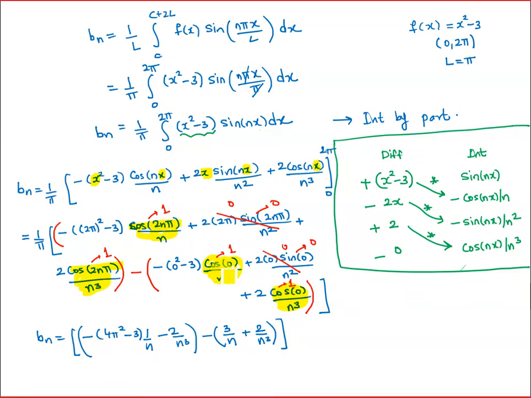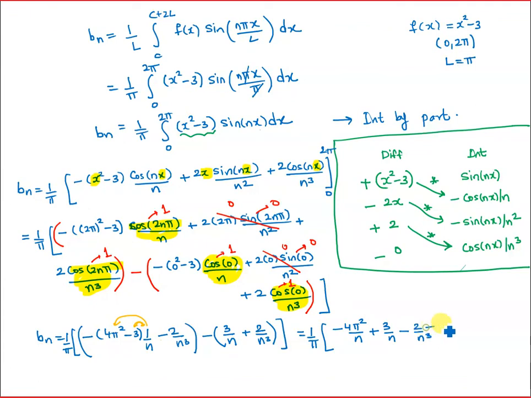We'll simplify it further. We can multiply 1 over n with both the terms and check what we will get. Sorry, I missed here 1 over pi, because it is in the Bn. When you multiply it, minus 4 pi square over n, this minus minus becomes plus 3 over n, minus 2 over n cube, here minus 3 over n minus 2 over n cube.